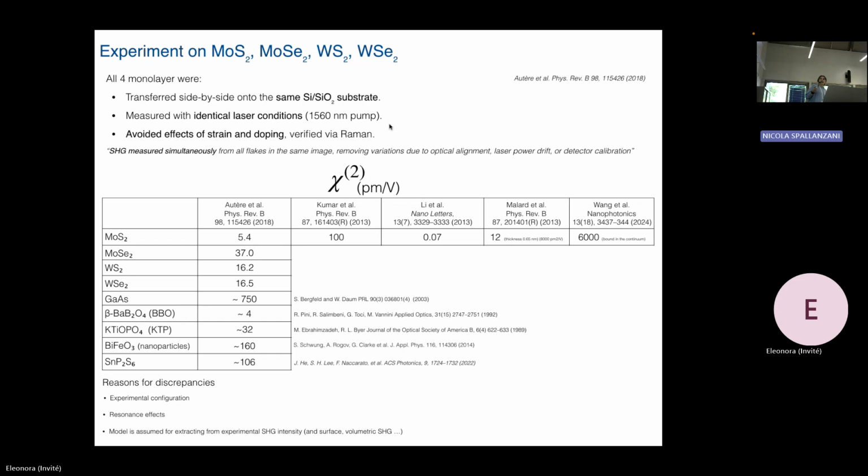the other thing that I would like to show is, okay, I just chose these 2D materials to point out some electronic properties and some importance in the response, but how do these compare with the standard materials for second harmonic generation? Here you see in the bottom of this table, I put gallium arsenide, BBO, KTP.